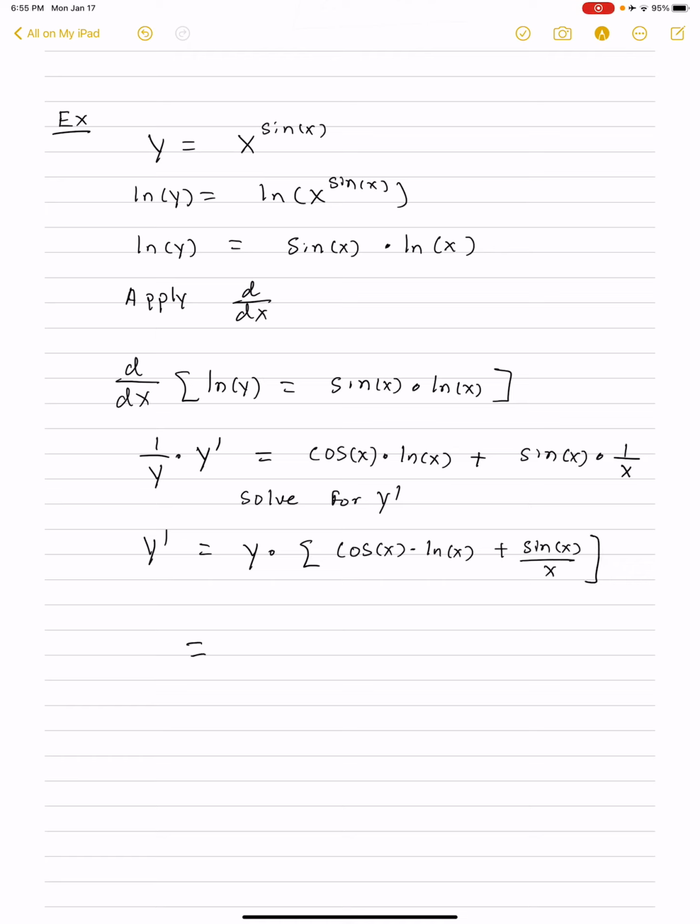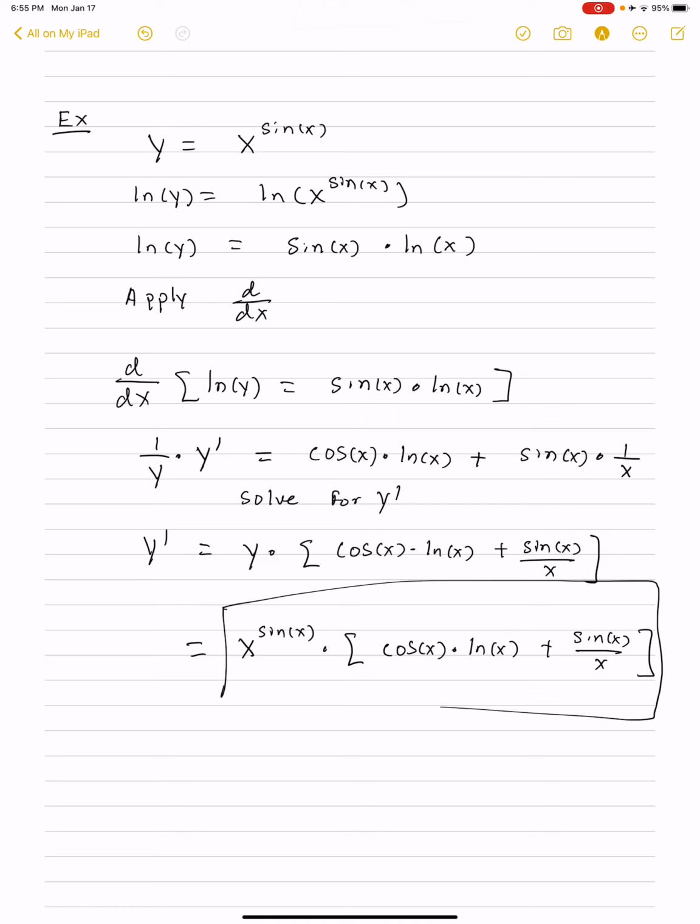Then just remember that y is x to the power of sine x. So y prime is x to the sine x multiplied by cosine of x times ln of x plus sine of x over x. And in this way, I'm able to find y prime.